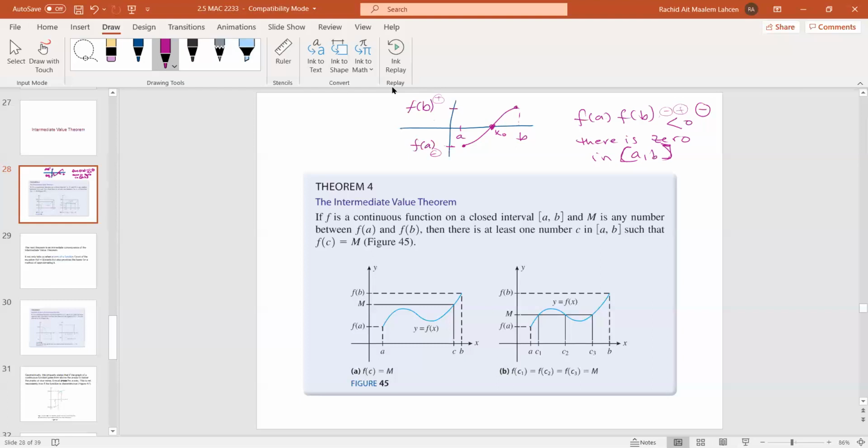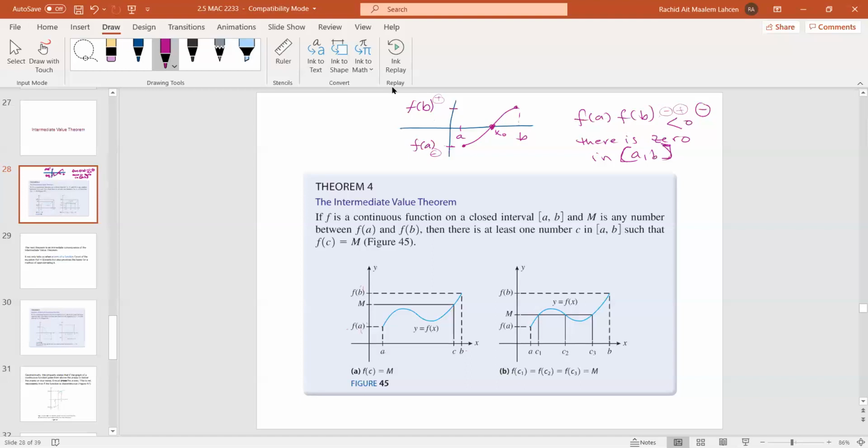So if f is continuous on [a, b], and m is any number between f of a and f of b, then there is at least one number c such that f of c equals m.